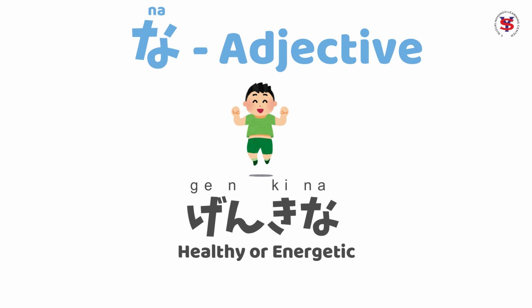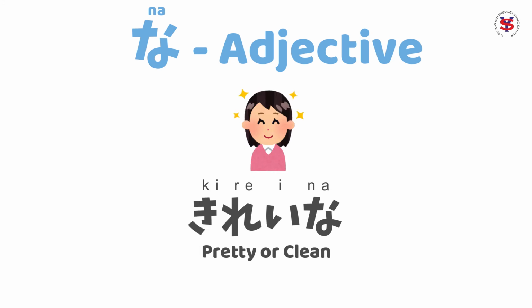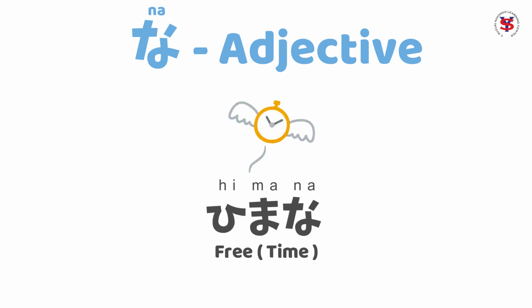Sa na adjectives naman, we have genki na for healthy or energetic, kirei na to describe if something or someone is pretty or clean, himana to describe free, as in like free time or hindi busy, right?